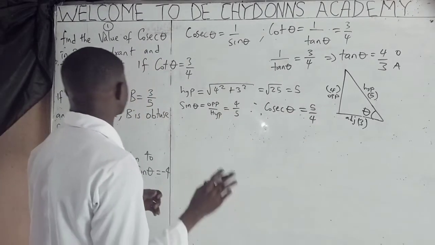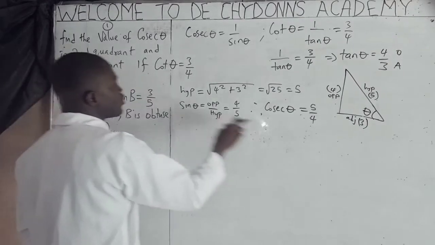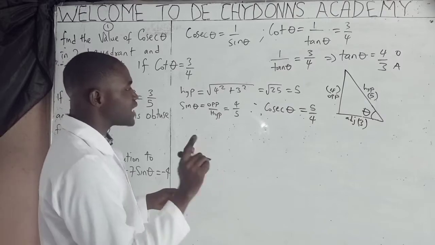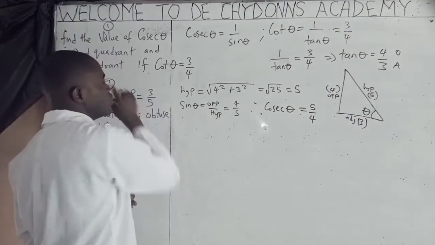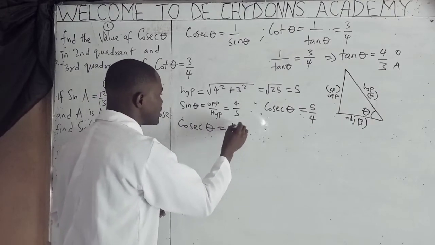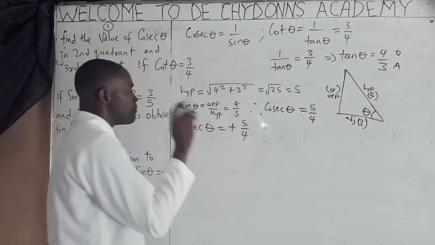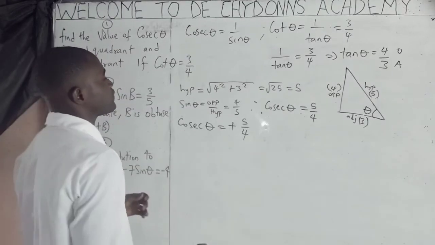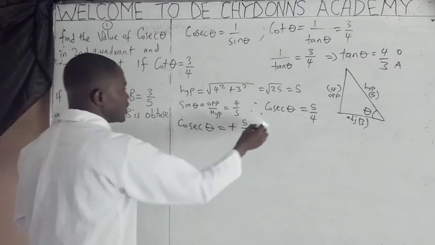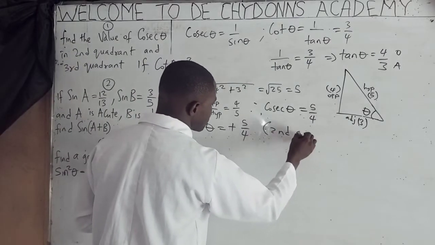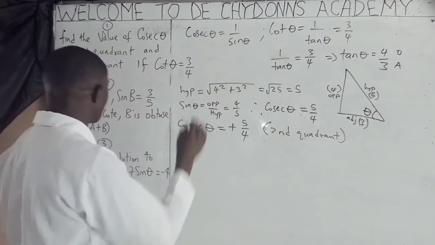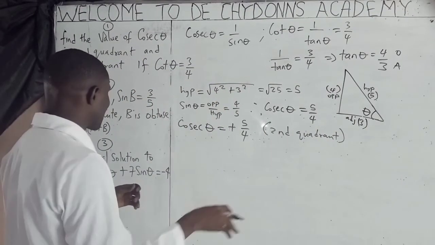Now, the question is, what happens in the second quadrant when you talk about cosec theta? Remember that sine is positive in the second quadrant. So cosec theta will as well be positive in the second quadrant. Now, what happens in the third quadrant? In the third quadrant, sine is negative.